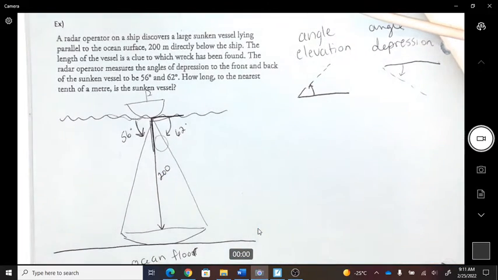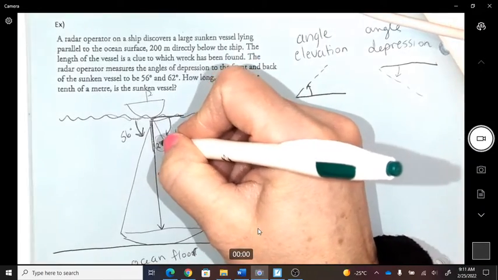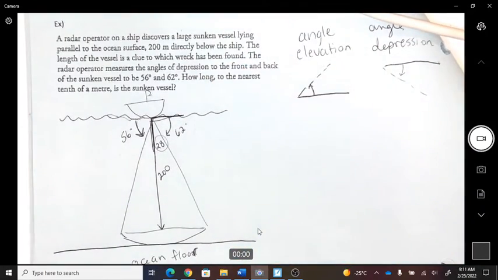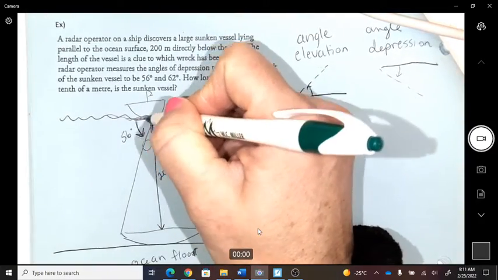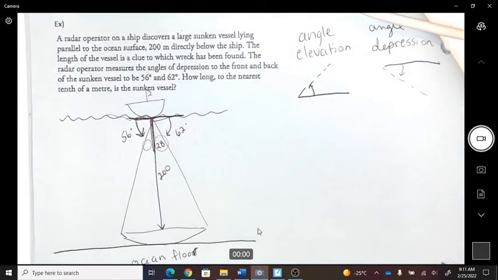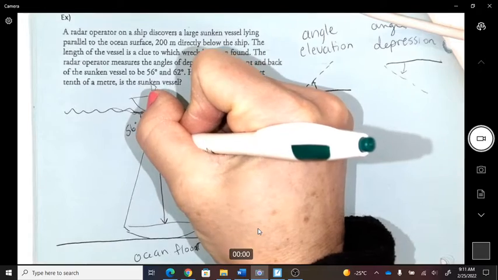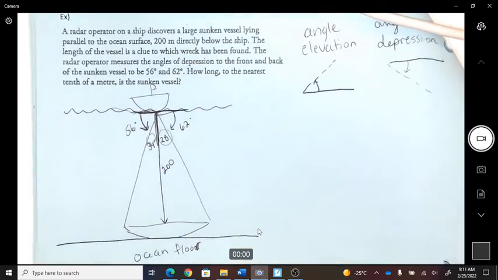So this angle would be 28. Okay, then can you get me the other angle? That would be 90 altogether on that side. So this angle would be 34.